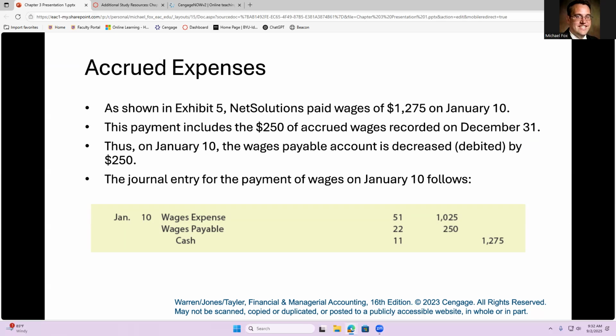We recorded the expense for December in December, but then we paid it off on the next paycheck in January. So that's all that's doing, it's showing the new expenses from January 1st to January 10th, or 1,025. The wages from the last 2 days of December were 250 that we're paying off, and our cash is going down by 1,275. That's the resolution of that adjusting entry when we pay the cash.